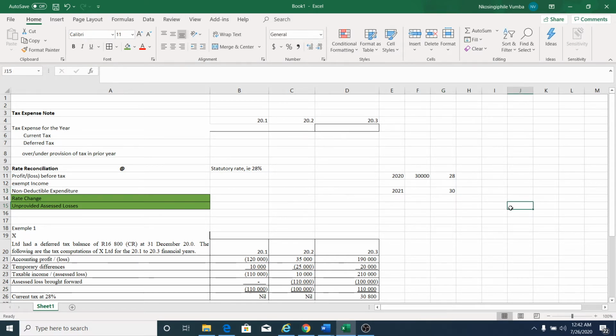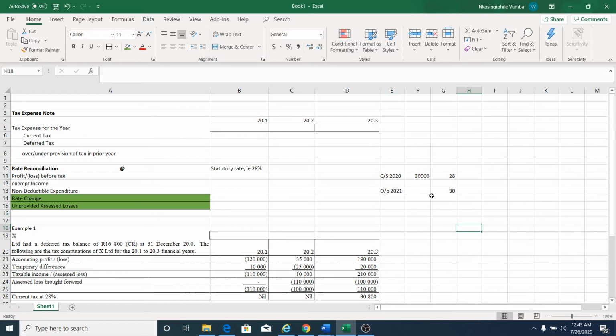So this is 2021 opening, obviously, and then this is 2020 closing, obviously.